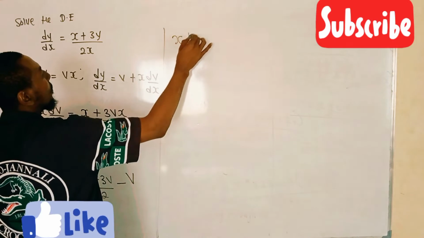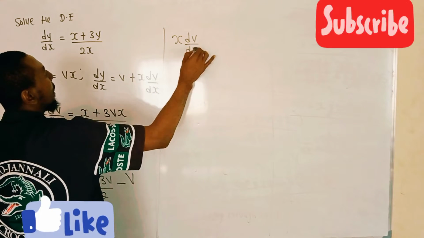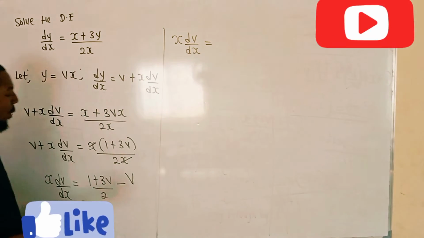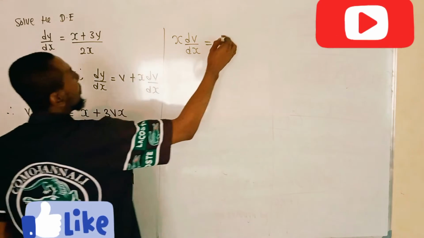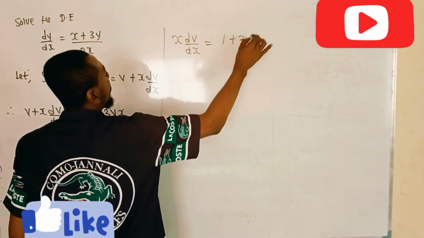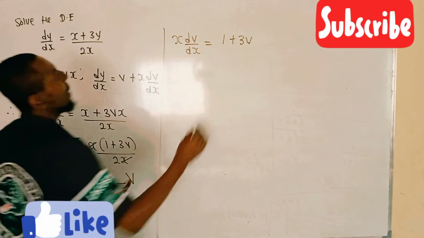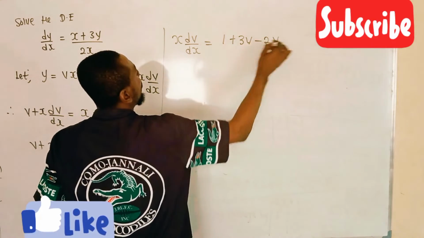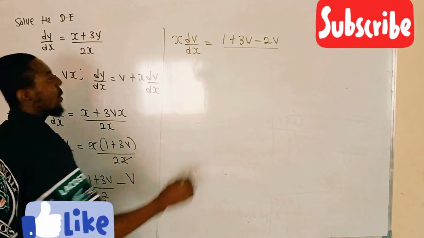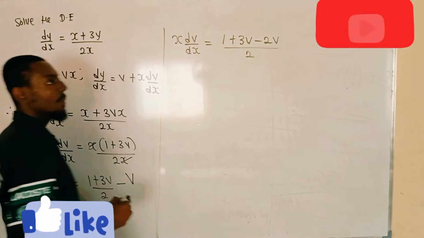So x dv over dx is equal to, the LCM, we have 1 plus 3v, then 2 multiplied by that is minus 2v, all over the common LCM which is 2.